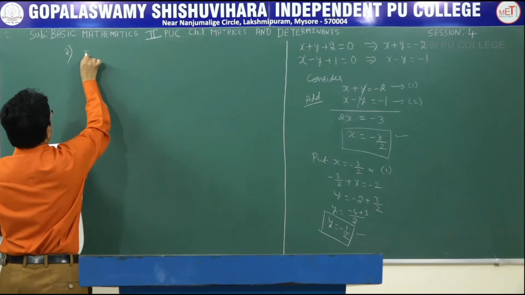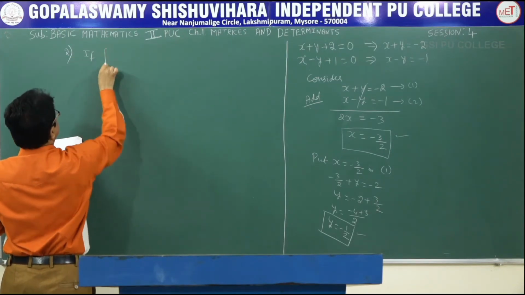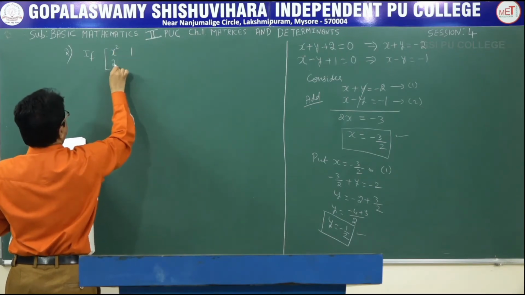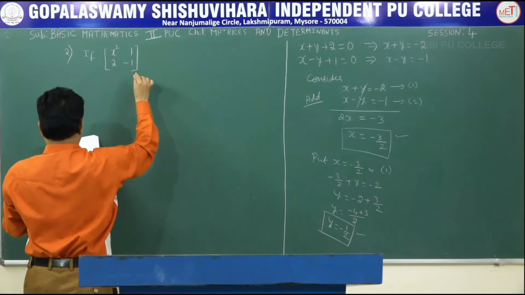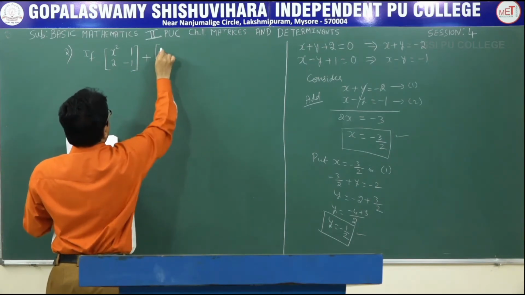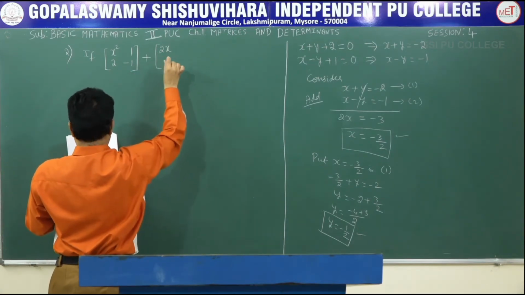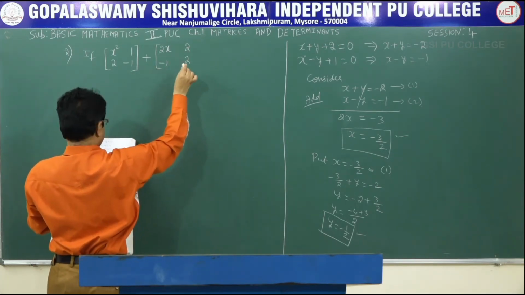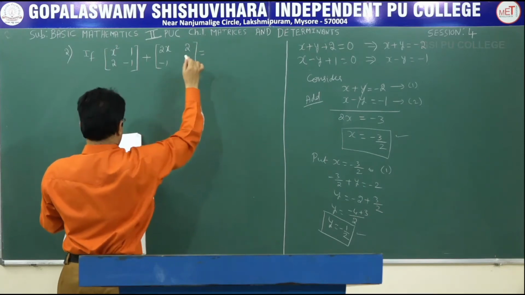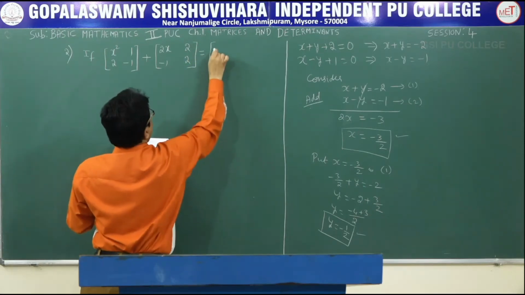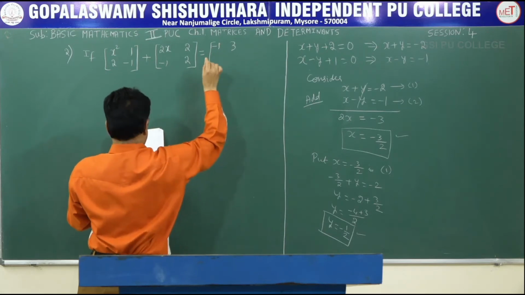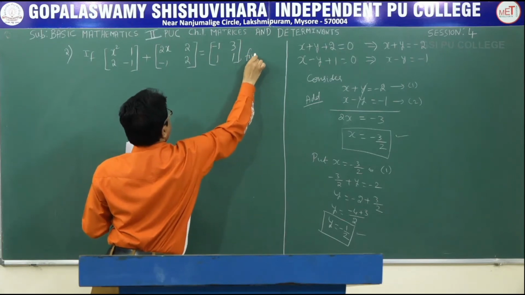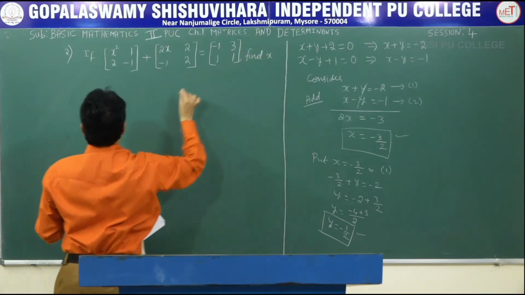Next problem. If the matrix [x square, 1; 2, minus 1] plus [2x, 2; minus 1, 2] will be equal to [minus 1, 3; 1, 1]. Find x.